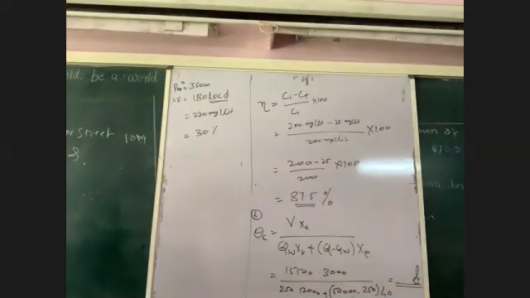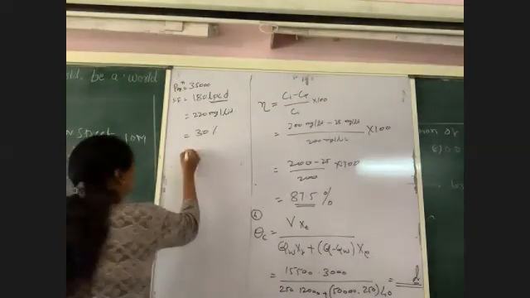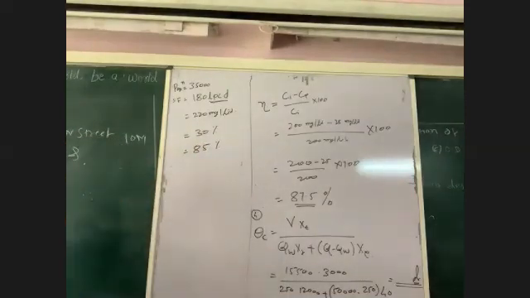Next one, overall BOD reduction desired is equal to 85%. In short, it is given to you as an efficiency, eta. Overall BOD removal desired is given to you, 85%.